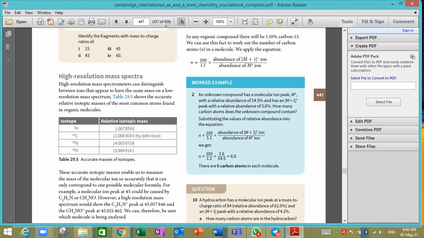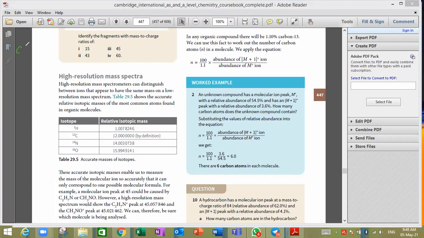Now, as you see in the previous examples, when I calculated, for example, the molecular mass of ethanol, we used carbon as 12, hydrogen as 1, oxygen 16. But in the high resolution mass spectrometer, we are going to use exact relative atomic masses or relative isotopic masses, not 12, 1, 16.